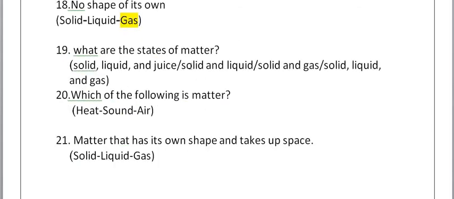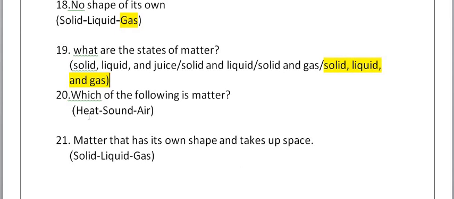Okay, what are the 3 states of matter? Okay, we said that it's the solid and liquid and gas. Which of the following is matter? Heat does not have volume or mass.